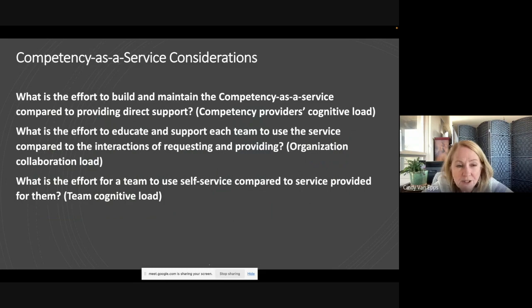Yes. I use the term collaboration load because it's that effort to get people together, to work together, to talk, to have a meeting, set up a meeting, reschedule the meeting, etc. And then what's the effort for the team? What's the cognitive load of the team?